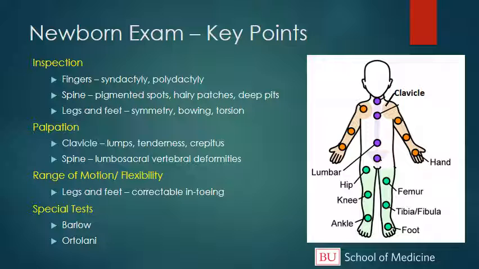Next, use palpation, both of the spine for lumbosacral vertebral deformities, and the clavicle for lumps, tenderness, or crepitus. Range of motion testing and flexibility is used on the legs and feet to detect hip dysplasia or correctable in-toeing. And some special tests that we discussed today were the Barlow and Ortolani exam.